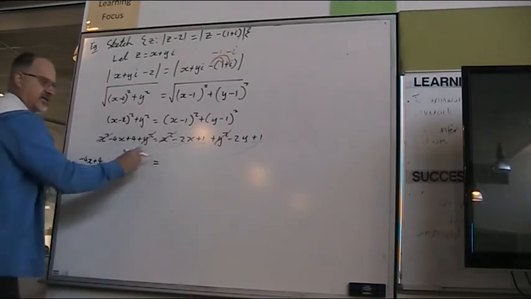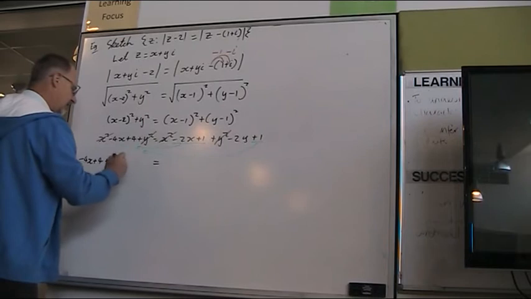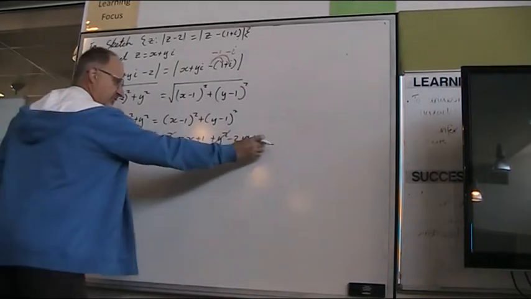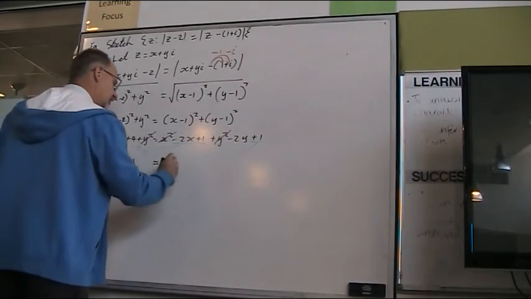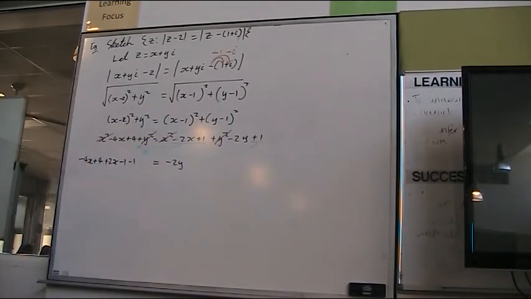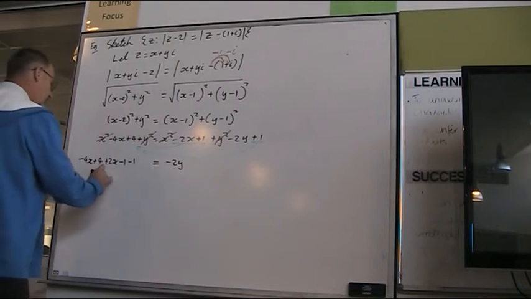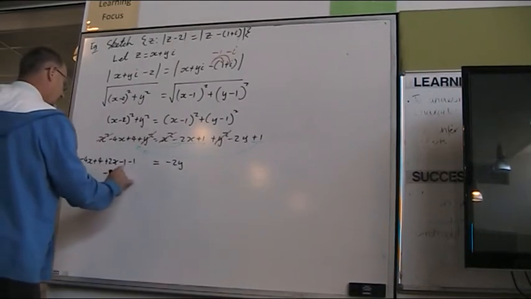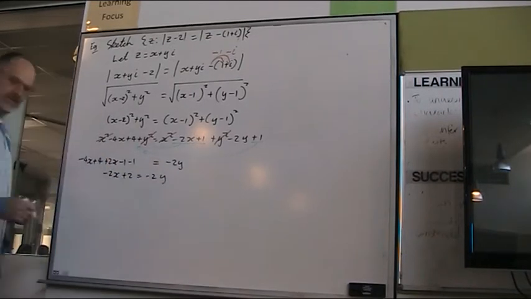Then when I bring this over by adding 2x, taking 1, then I move this 1 across by taking 1 and leave the minus 2y there. So when I neaten this up, I've now got minus 2x plus 2 equals minus 2y.